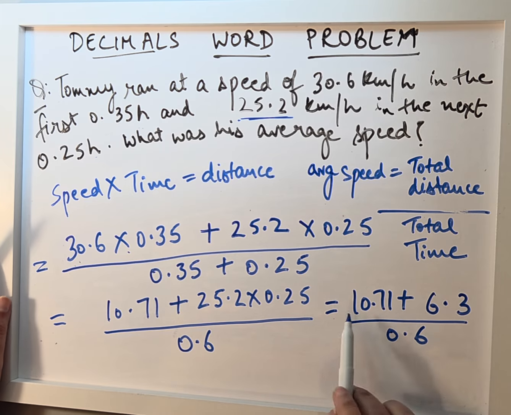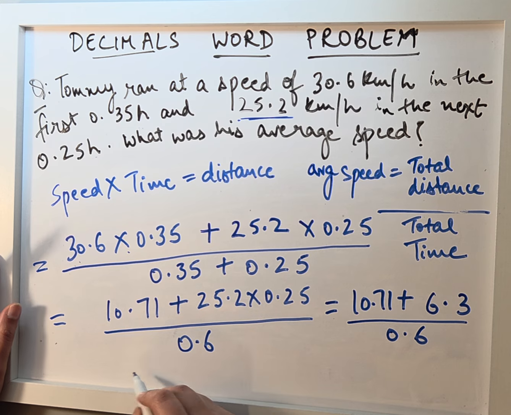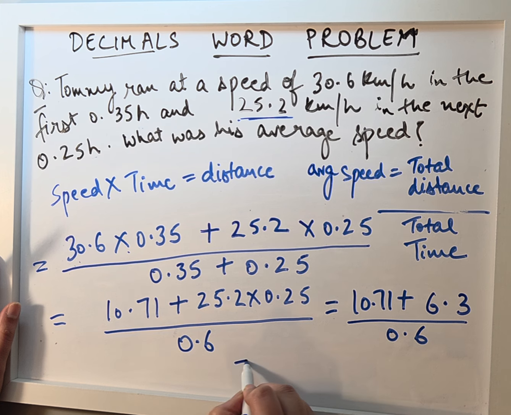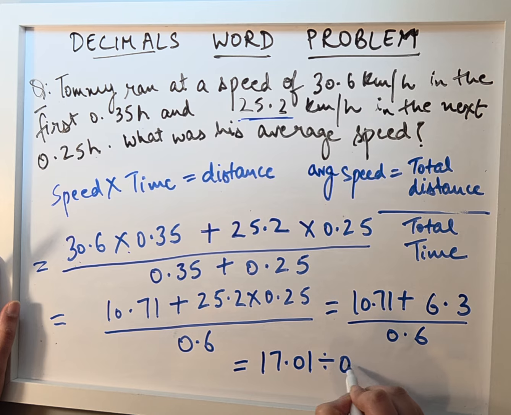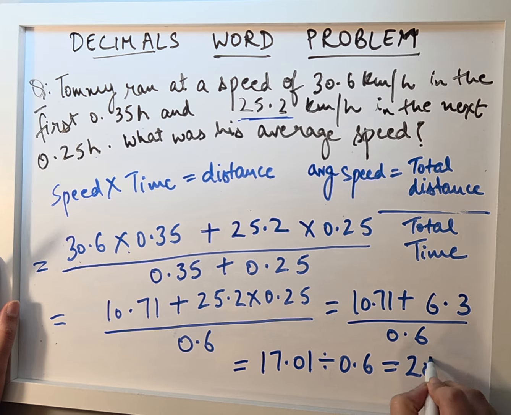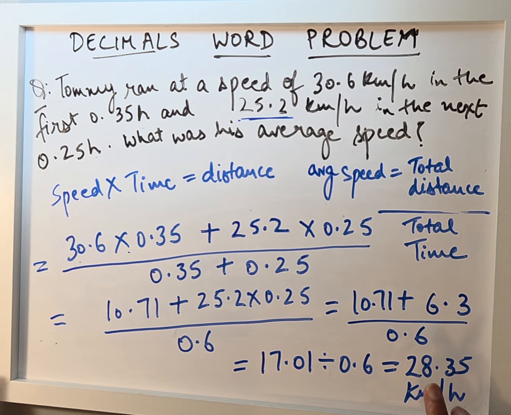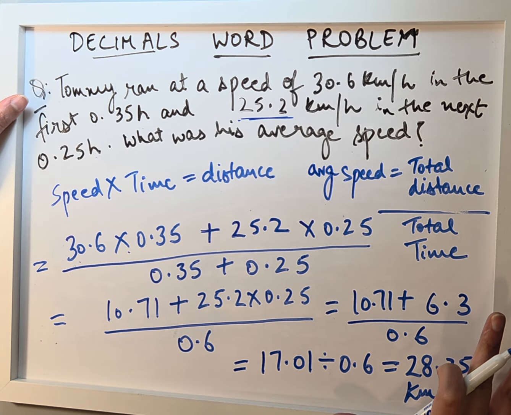Now if we add the top, we get 17.01 divided by 0.6. So our final answer is 28.35 kilometers per hour. So this is the average speed of Tommy.